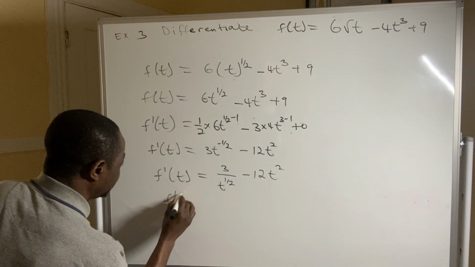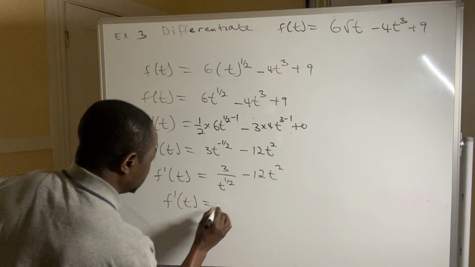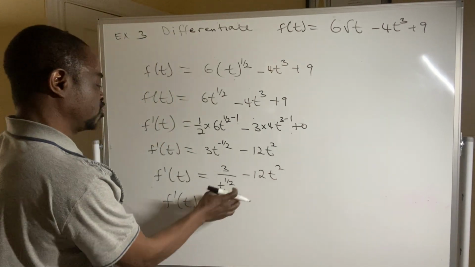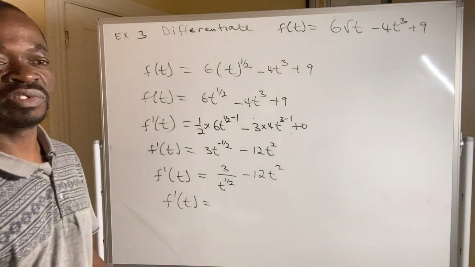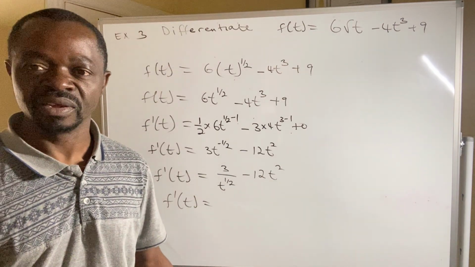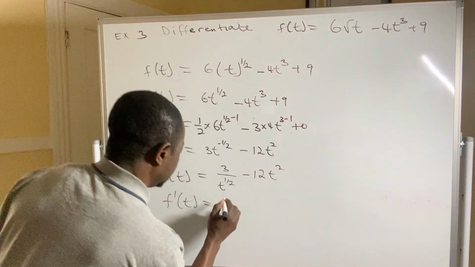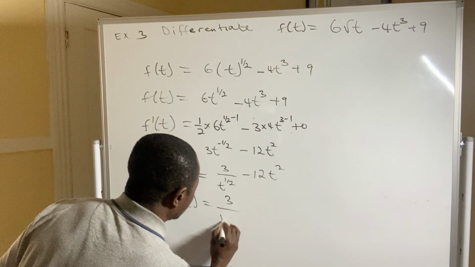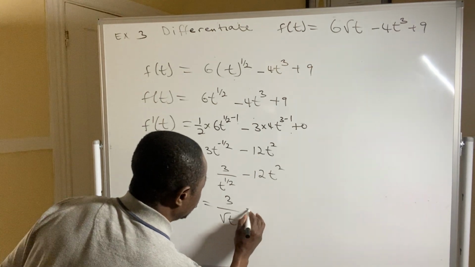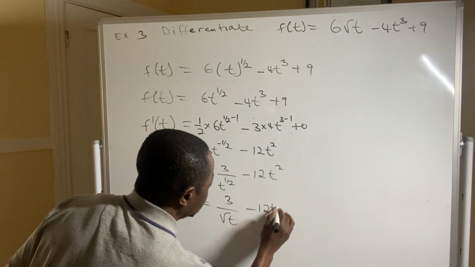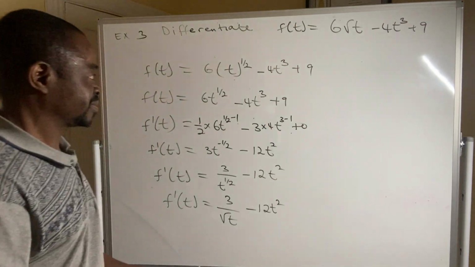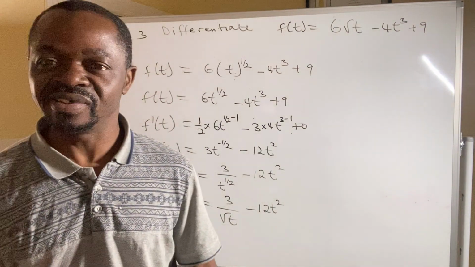So f prime of t is equal to, you can also change the t raised to the power half to a root sign, that's the root t. So you have 3 over the square root of t, then minus 12t squared. Very easy.